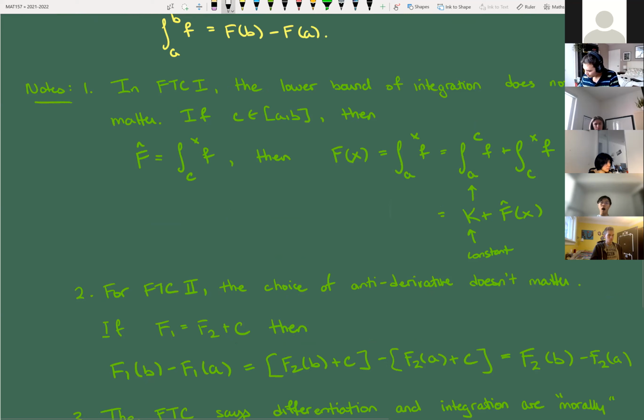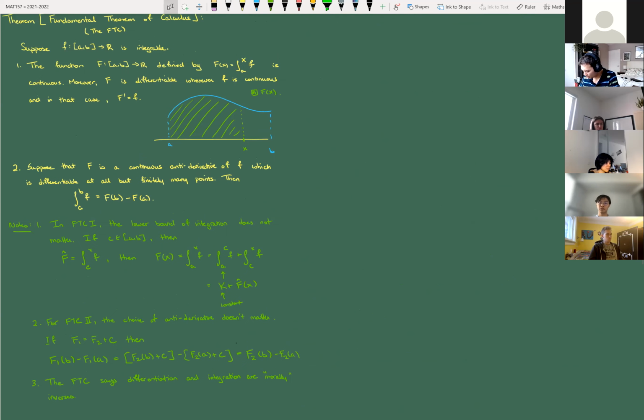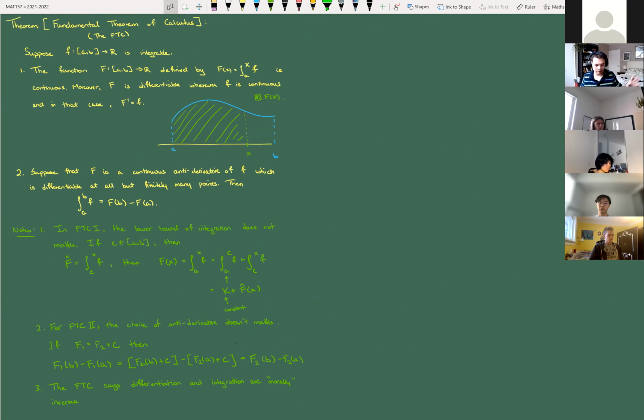So there's a lot to prove here. The proof is surprisingly not tough. It's a little bit long, but it's not tough. FTC 2 is a little bit weird. It does require a trick, but FTC 1 is surprisingly straightforward.